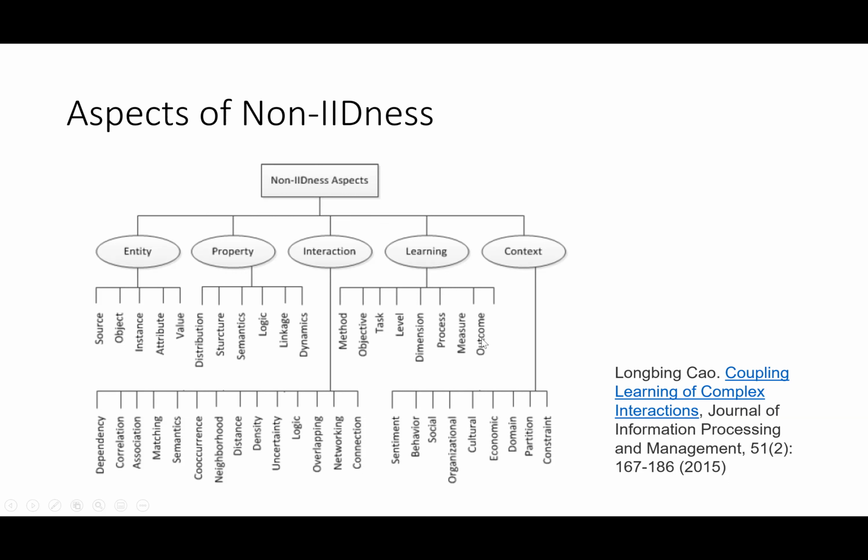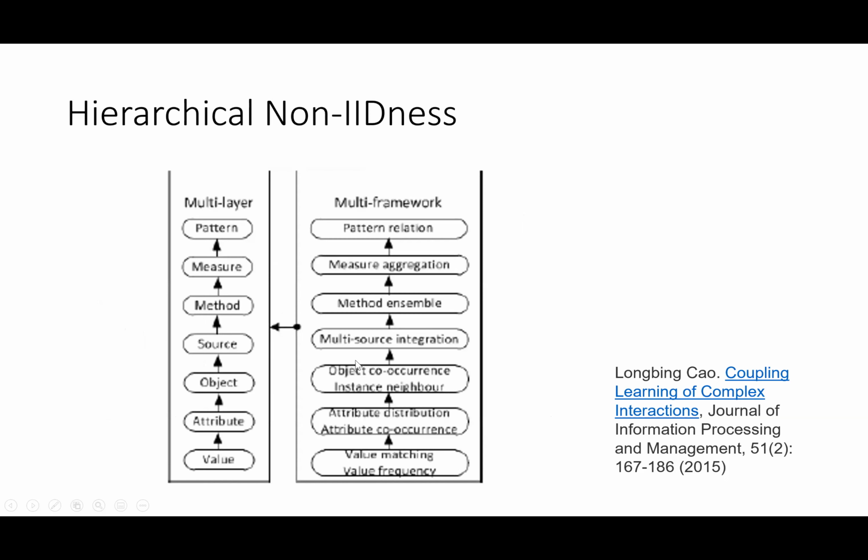We have to consider these, like what I talked about in pattern relation analysis, and non-IIDness could be embedded there as well. Another important aspect is the context in the environment, right? Whether that's related to other environmental factors or some constraints, etc. So I give you just some high-level structure for you to think about where the non-IIDness could exist, and from what perspective you could really think about it.